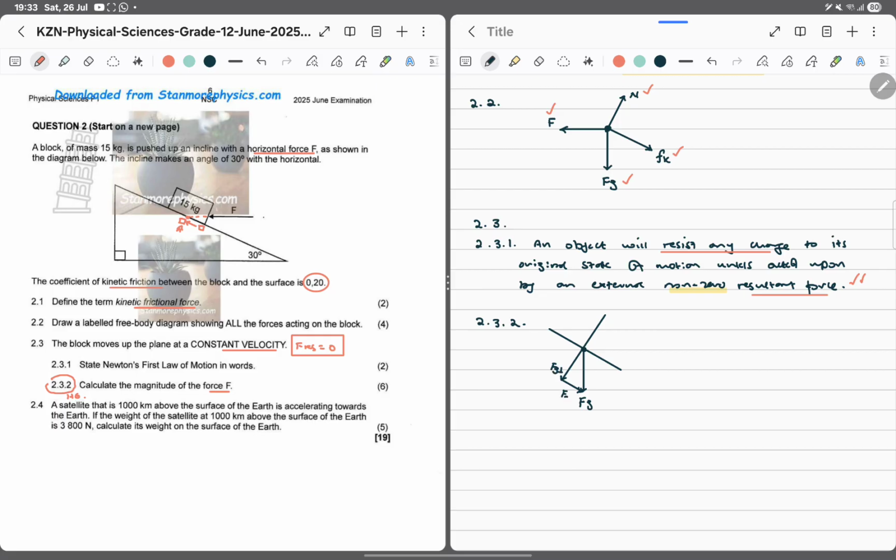And this becomes Fg parallel, right, with Fg there. Maybe let's change the label to avoid trouble. Great, so we've got the frictional force going down. We've got the normal force there.